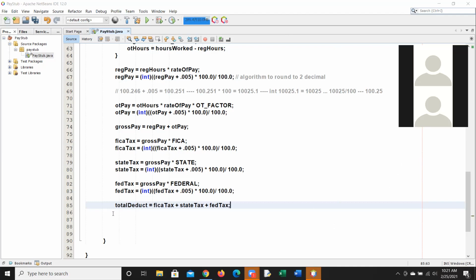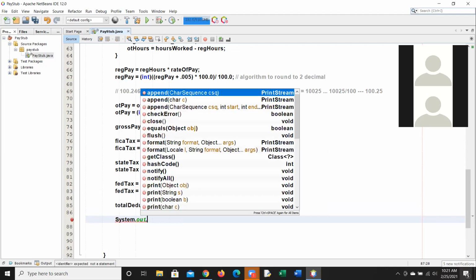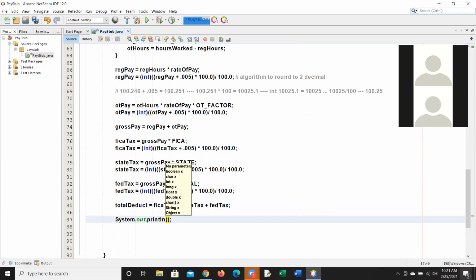We're cool now. So we got our gross pay, and we got our total deductions. Okay, so let's test them. System dot out dot print line total deduct.